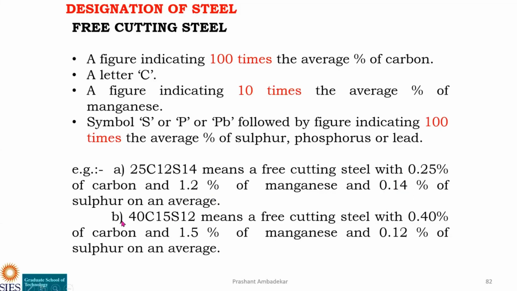See 0.14% of sulfur or 0.12% of sulfur here. So the content of this alloying element is very less. The major content here is of carbon.